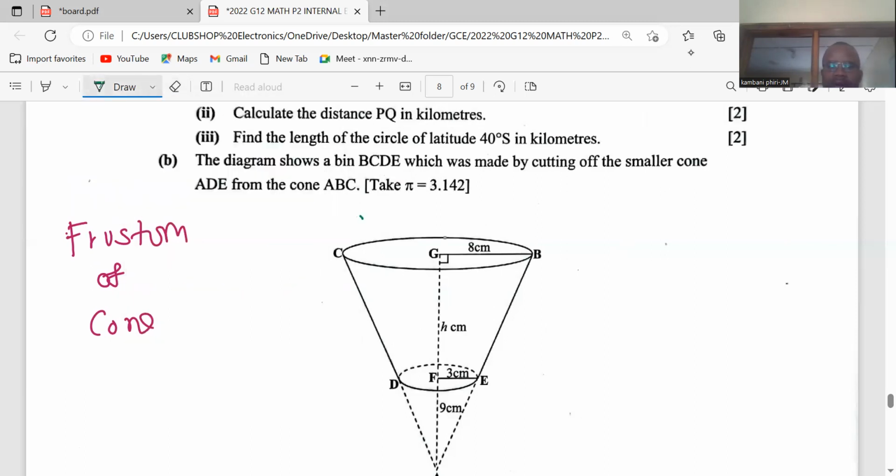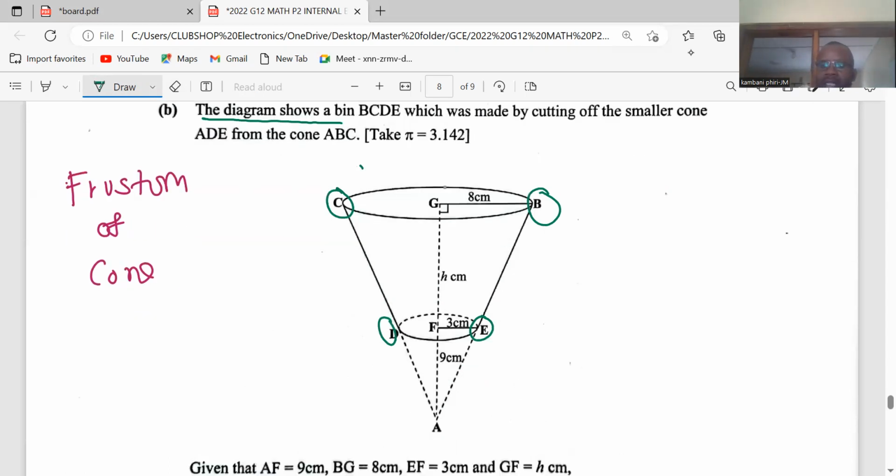The diagram shows a beam B, C, D, E, which was made by cutting off a smaller cone, ABD, ADE, this one. So whatever you're going to remain with is what we are calling a frustum.